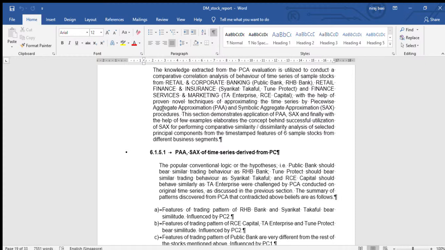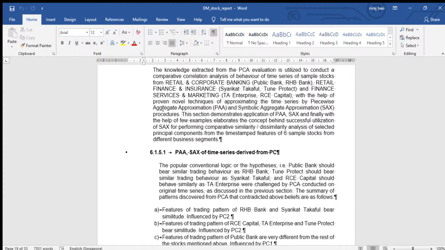And you use simple symbols like A, B, C, D, E, alphabets, or you can also use 1, 2, 3, 4, but normally A, B, C, D, E, because it is helpful for future computation.